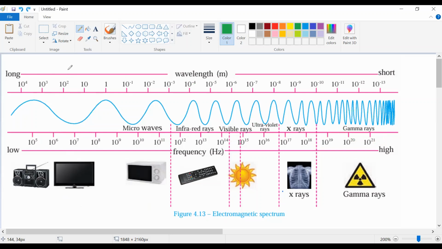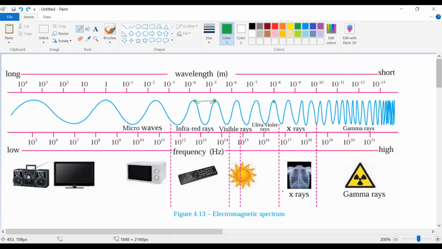Infrared, right? I asked you which one is having the higher wavelength. Look at its wavelength. I always say peak to peak. Peak to peak. This much is infrared. But look at the ultraviolet, right? It's here to here. So what is it? It's shorter in the ultraviolet, no? But longer in the infrared.